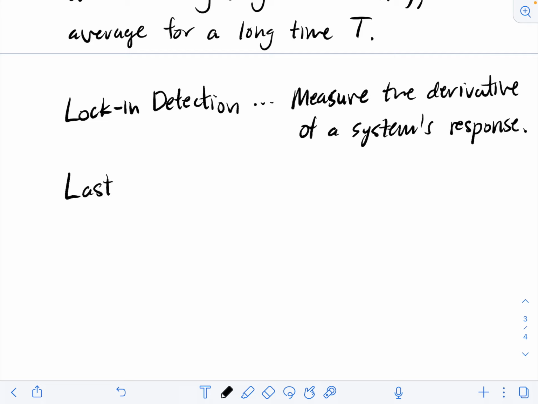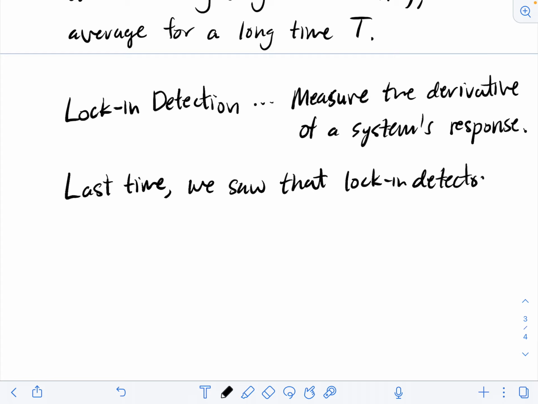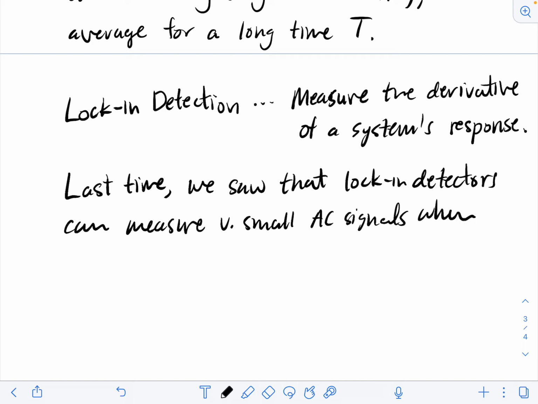So we'll start by recapping what we saw last time. Last time we saw that lock-in detectors can measure very small AC signals when the frequency of the desired signal is known.